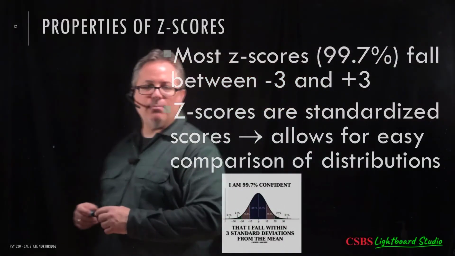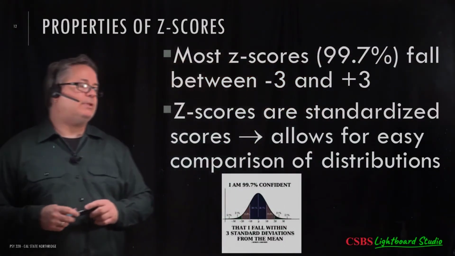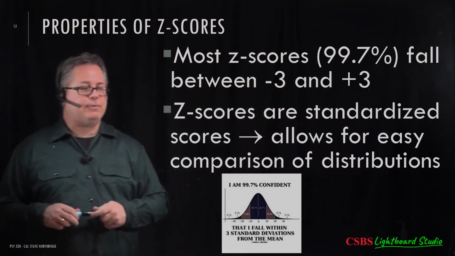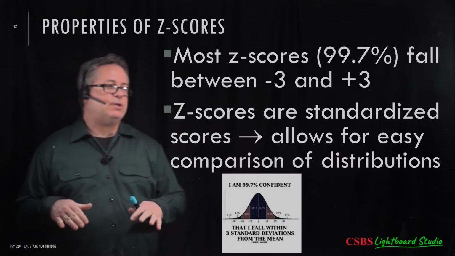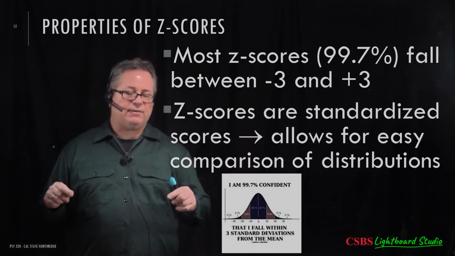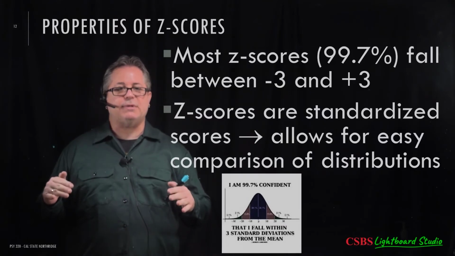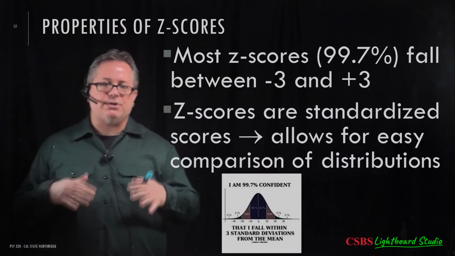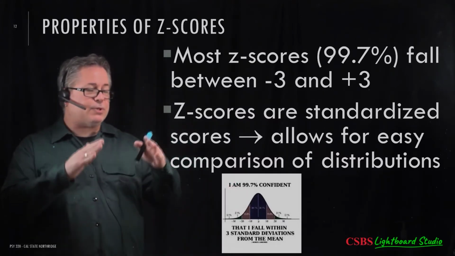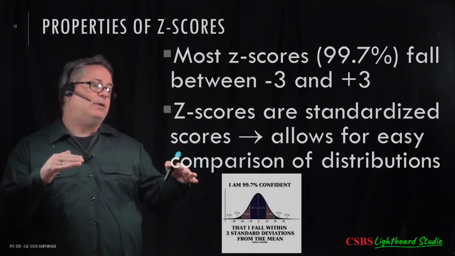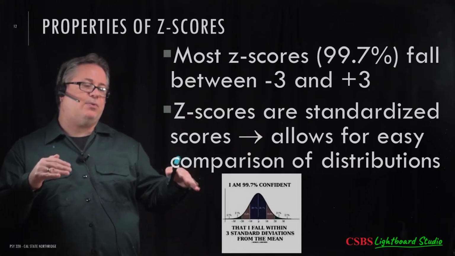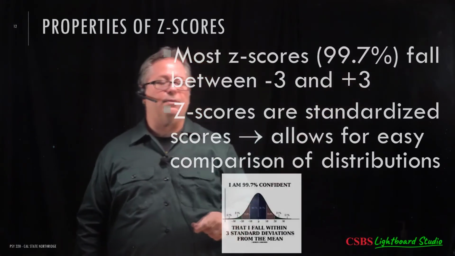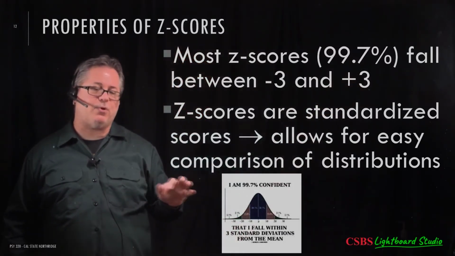So some more properties. Most z-scores, 99.7 or something percent of them, fall between -3 and +3. So in a distribution, even though the normal distribution is asymptotic, and as you go further into the tails it never really goes to 0, it just gets less and less probable. As you approach the tails, above 3s on either side, you're getting less than 1%. The probability is getting very, very small beyond 3s.